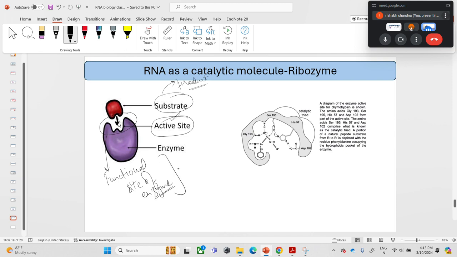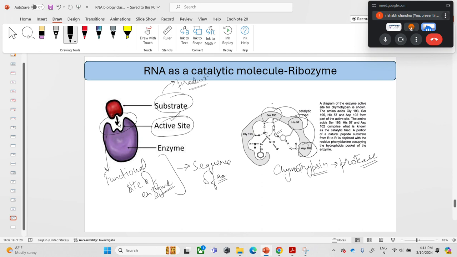and it is governed basically by the sequence of amino acids. For example, if I take chymotrypsin, it is a protease that cleaves the peptide bond. Here, three amino acids, serine 195, histidine 57, and aspartate 102, form a catalytic triad that basically catalyzes the cleavage of the peptide bond.